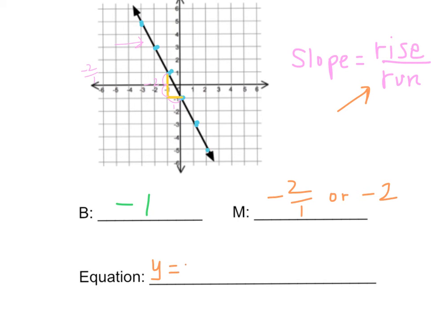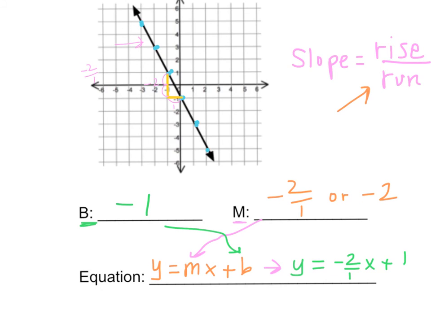Okay, let's write the equation. Slope-intercept form, y equals mx plus b. Let's just put our numbers in. We're going to put our m in right here, and we're going to put our b in right over here. So it looks like this: y equals, m was -2, or -2/1, x plus -1.